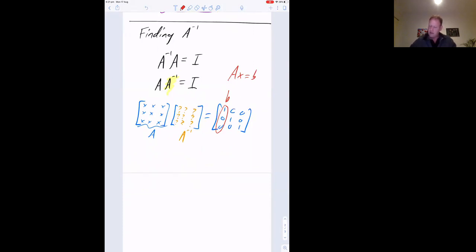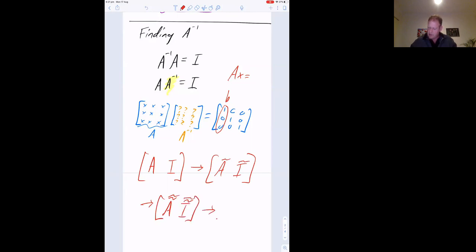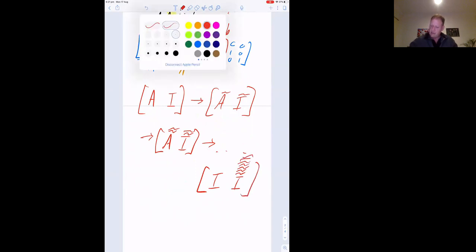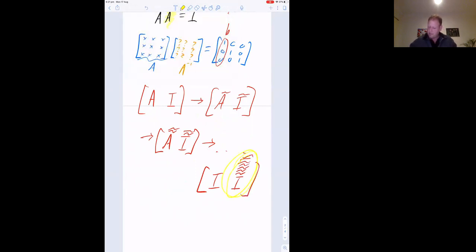What you maybe did in Gaussian elimination was put the matrix A here and the matrix I, and do the row operations on all of them together, transforming to A tilde and I tilde. Then the next step gave A tilde tilde, I tilde tilde, and so on, until you ended up with the I, and then the final tilde matrix, and you would say, ah, this is my inverse. That's how it's sometimes taught.